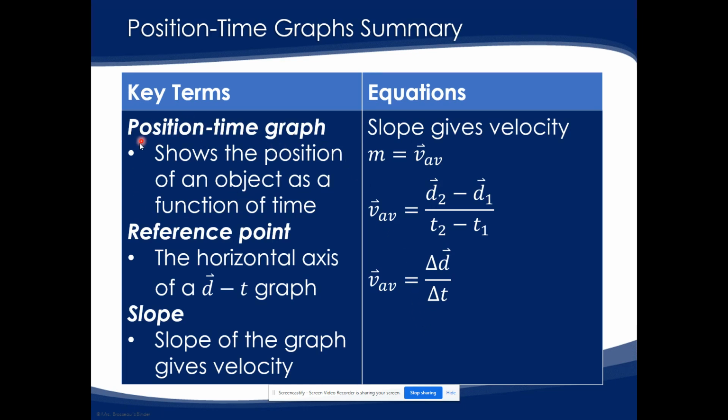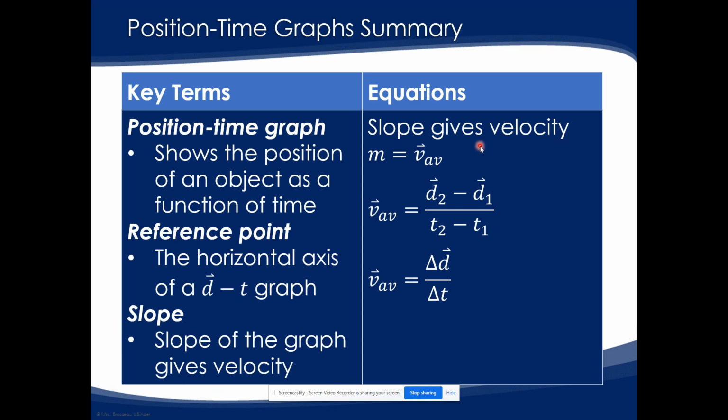So key ideas to remember. Your position time graph shows the position of an object as a function of time. And we have to remember our reference point. So the horizontal axis of a distance time graph or position time graph is going to refer to our reference point. And the slope of a graph gives us velocity.